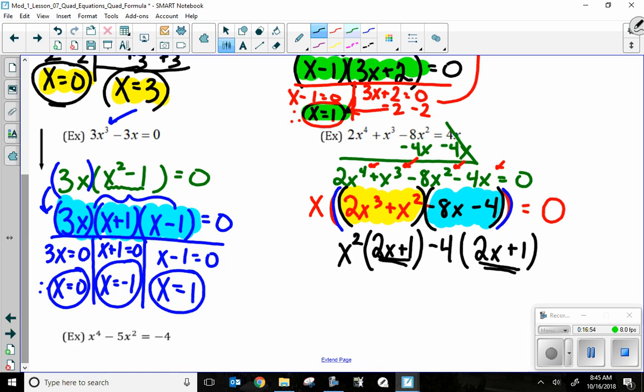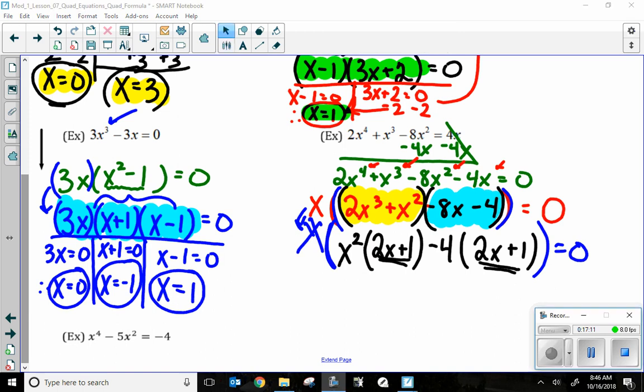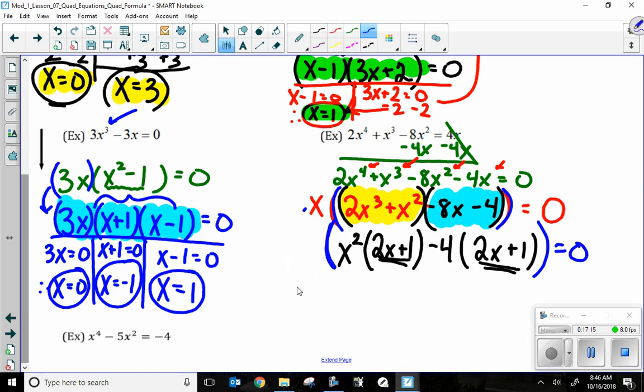Now, that is still what's in the blue parentheses. It equals 0. And I can't forget my x here. This comes along for the ride. Oh, great. Let me rewrite that. That's terrible. Sometimes this board gets uncalibrated.